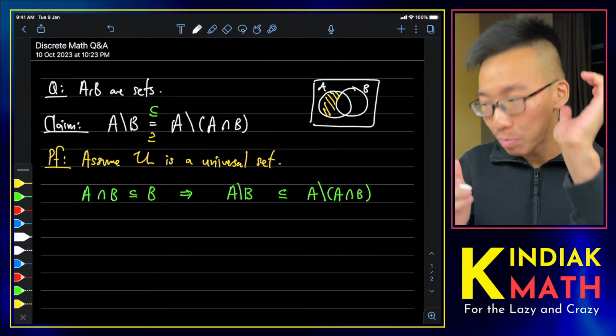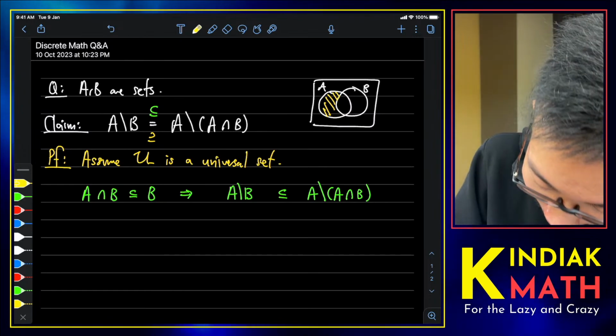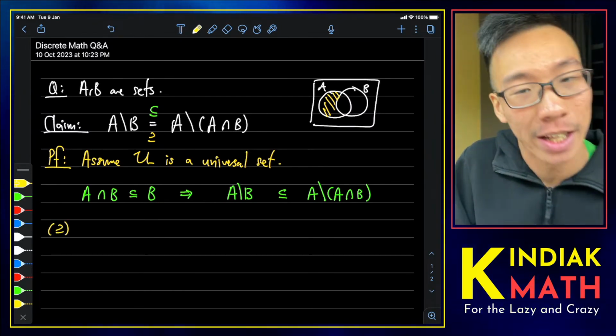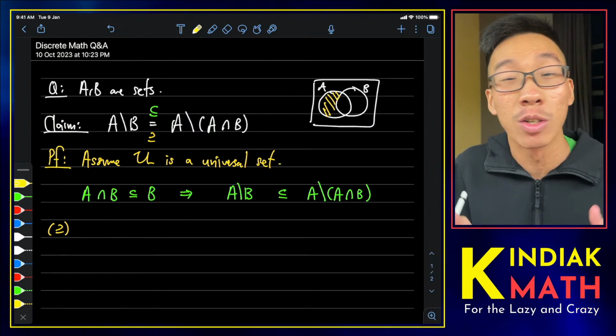I'm open to different possible solutions, but we're just going to prove it using element chasing, because element chasing is one of those methods you can't really go wrong with.